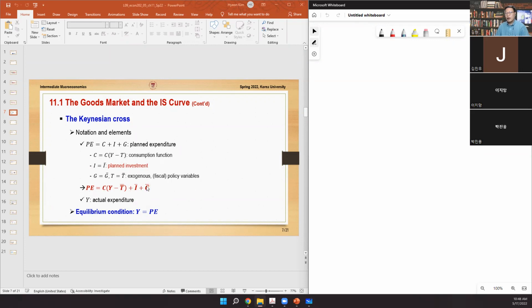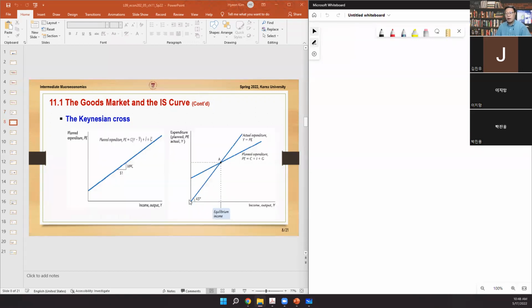After that, we have the equilibrium or disequilibrium between actual expenditure and planned expenditure. So we have a 45-degree line, and another line with a positive slope and a positive intercept. Since it is based on the consumption function, regardless of your income, we always have to spend some autonomous expenditure. That's why we have a positive slope and a positive intercept.